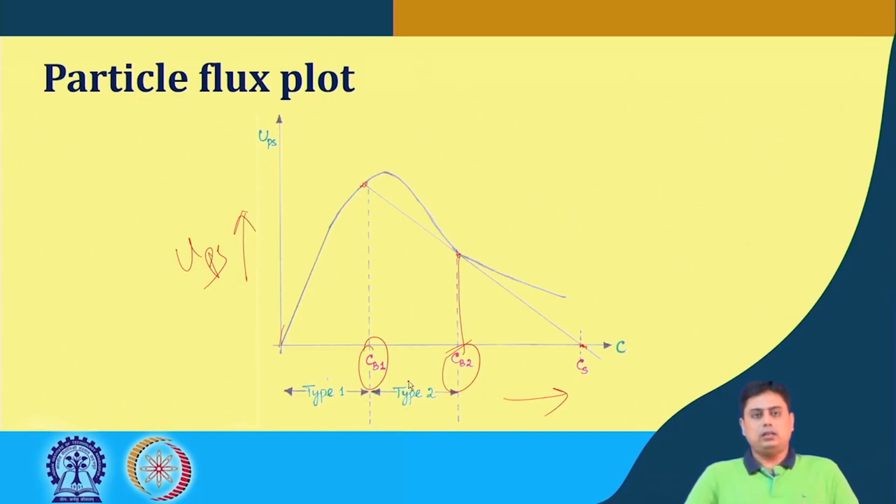Type 1 settling will occur if the initial concentration of the suspension is lower than Cb1, which is the point where this line intersects the curve.